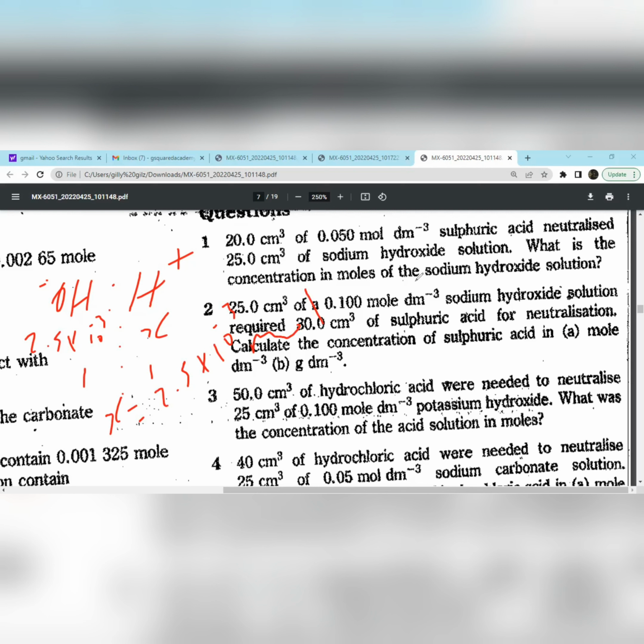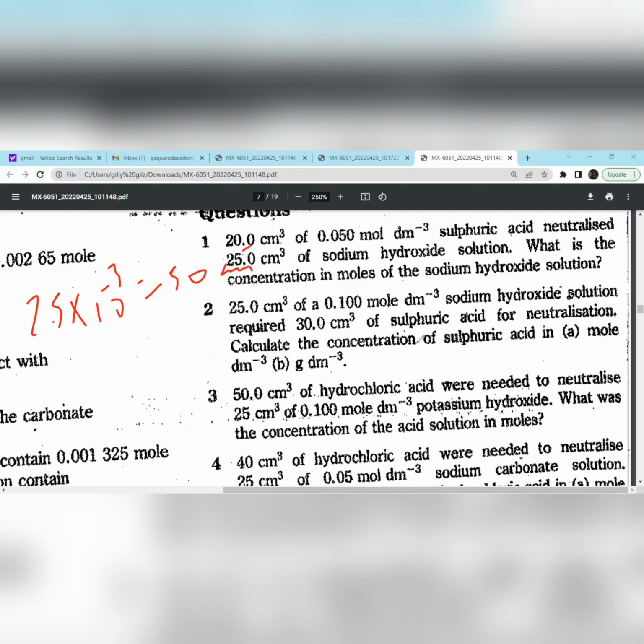And this moles of acid is present in 50 mils of hydrochloric acid. Therefore, we can now find the moles of hydrochloric acid in 1,000 centimeters cube. So let us do that now. All we need to do is say that 2.5 times 10 to the minus 3 moles is in 50 centimeters cube. Therefore, X is in 1,000 centimeters cube.